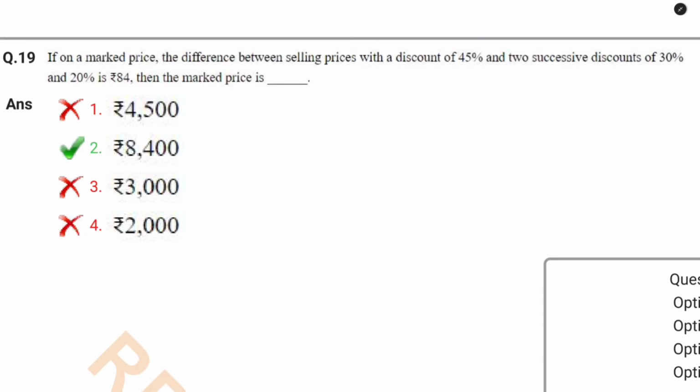If on a market price, the difference between selling prices with a discount of 45% and two successive discounts of 30% and 20%. Suppose I have 100 rupees worth. So with a 30% discount, it will be minus 30, then it will become 70. Again a 20% discount, it will be 14.